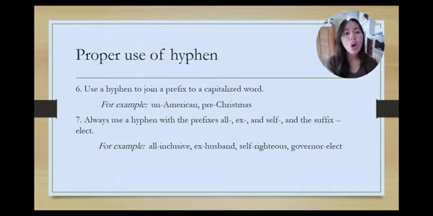Number 7, always use a hyphen with the prefixes all, ex, and self, and also the suffix elect. For example, all-inclusive, ex-husband, self-righteous, governor-elect. So the hyphens there are being applied with the prefixes and the suffix elect.